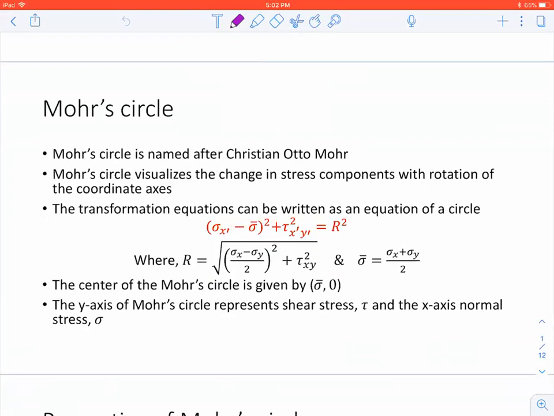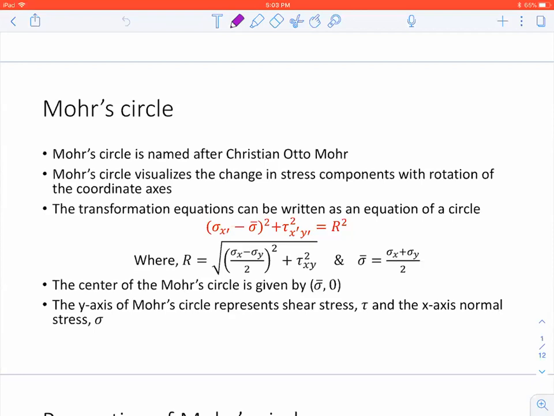And under his name, people call that circle Mohr's circle. The equations that we talked about a few minutes back are what we used, but you can also find out what the stresses are going to be like for different planes if you know your Mohr circle.